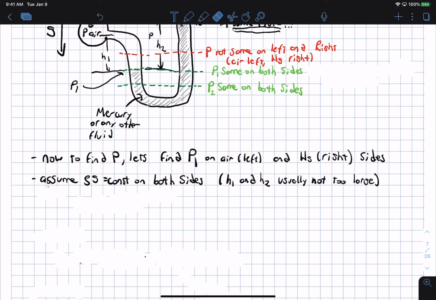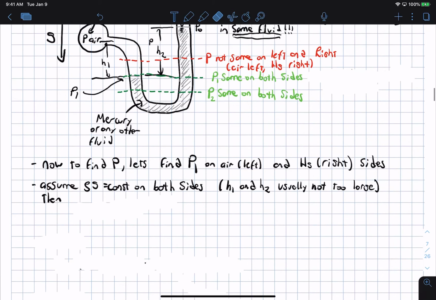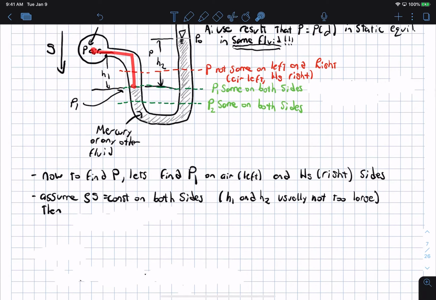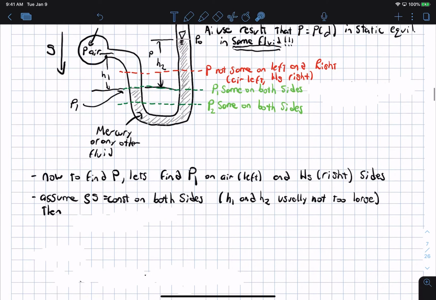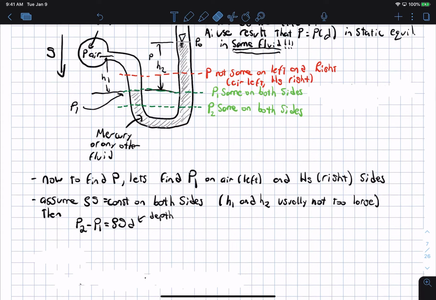So if we assume that rho g is constant, well, we can do a line integral really from here over to here. Then we can go down and we can find P1.